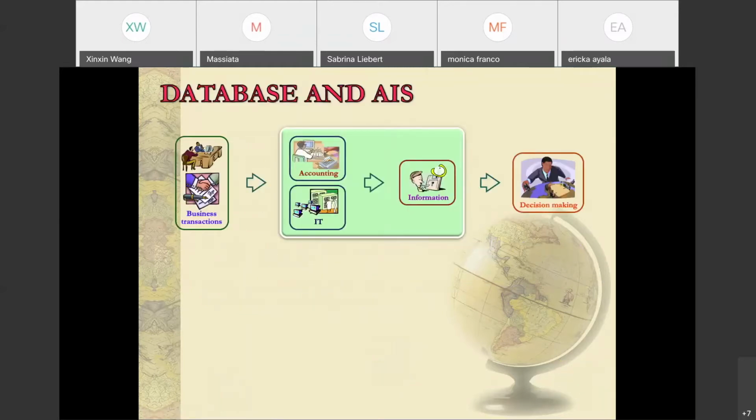So previously, we're talking about the database and AIS, right? The reason why AIS existed is because of the business events, business transactions, using IT and accounting to process the information to support decision making.